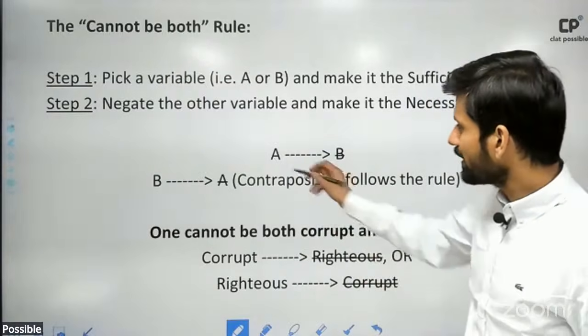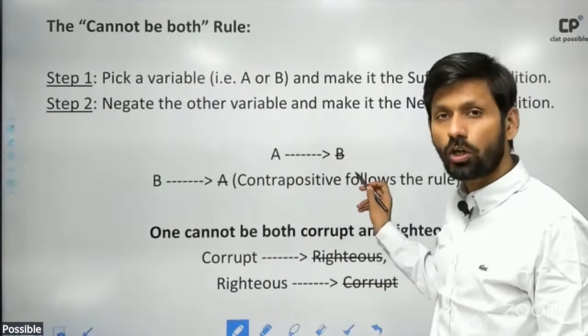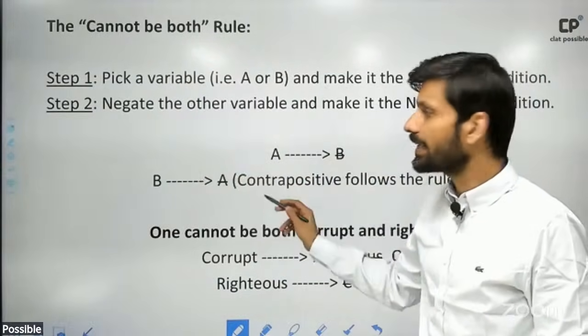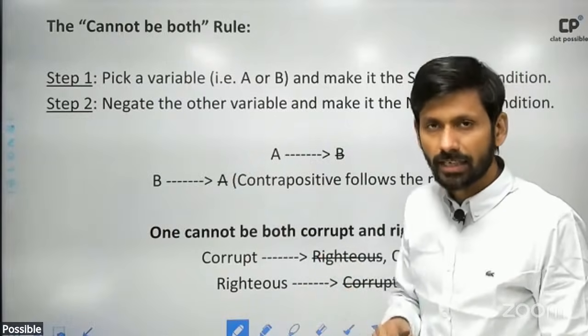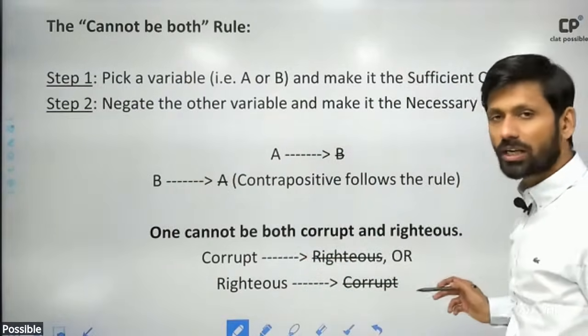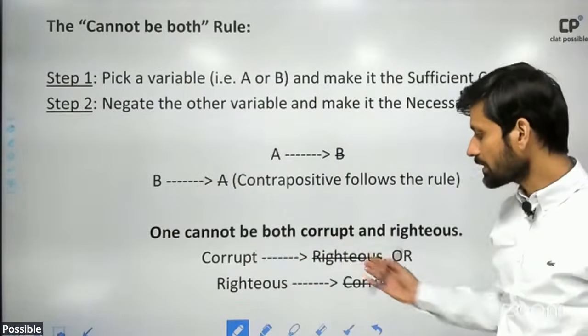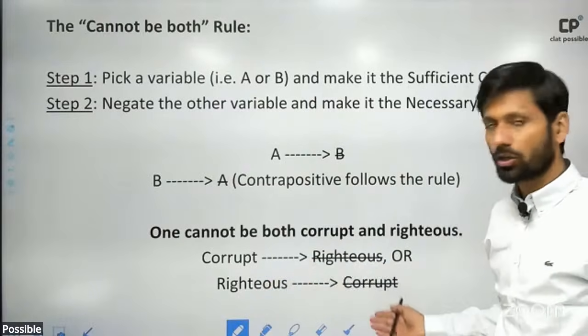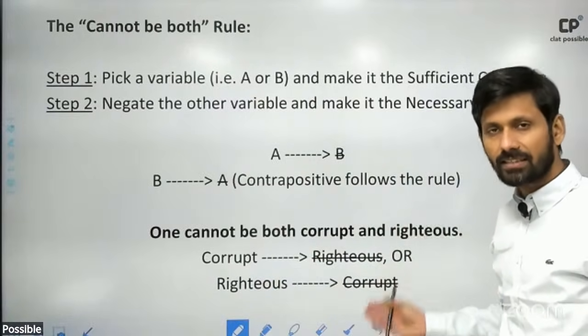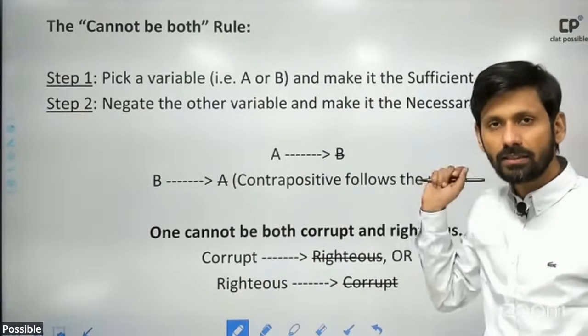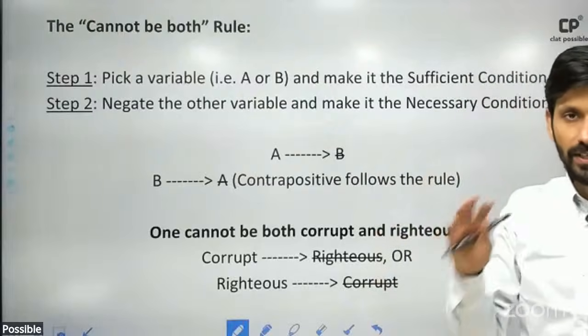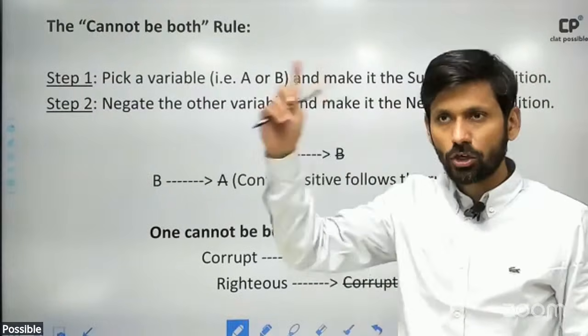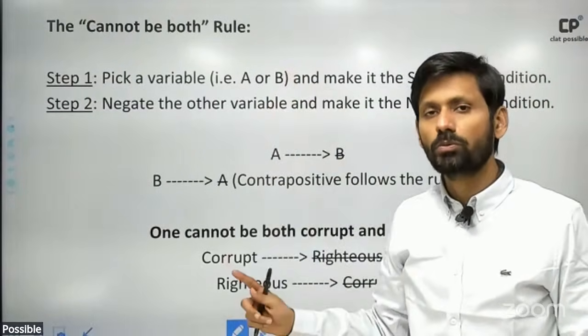So how do we show it? If A is true, B is false. If B is true, A is false. They cannot be true at the same time. So one cannot be both corrupt and righteous. If one is corrupt, they are not righteous. If they are righteous, they are not corrupt. We are negating the necessary side. There we were negating the sufficient side. So that's the difference. Remember it, okay? In either or we negate the sufficient side, in cannot be both the necessary side.